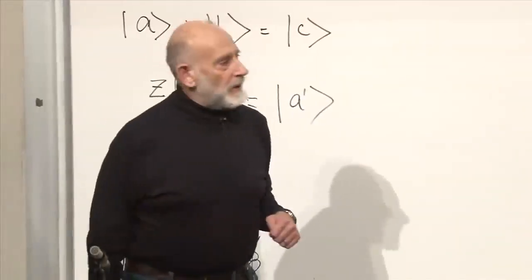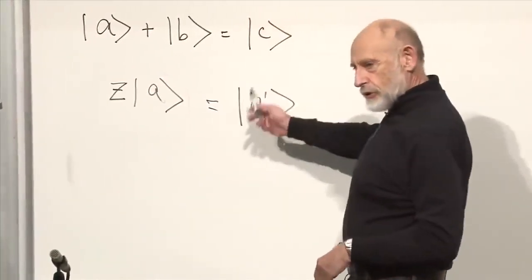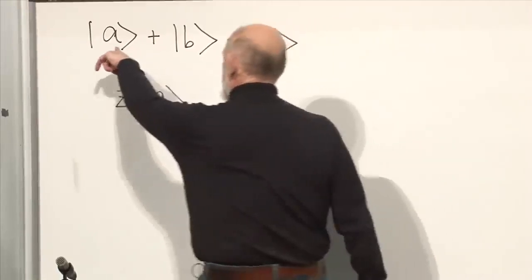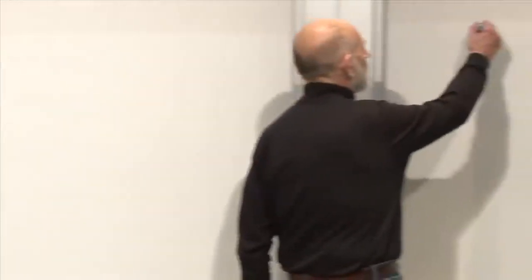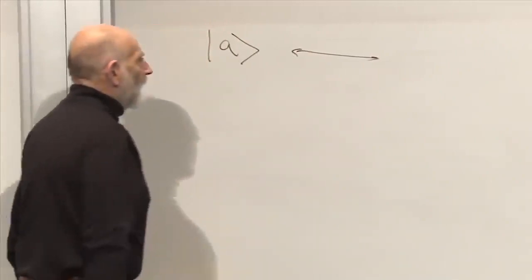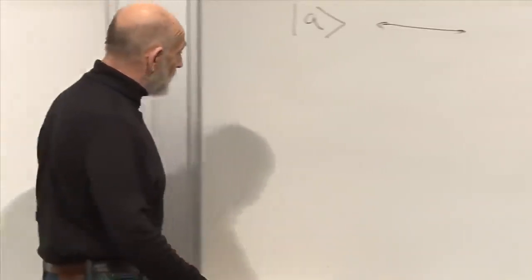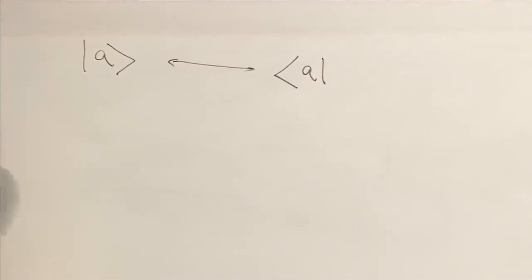But what it is, is a separate vector space whose elements are in one-to-one correspondence with the elements of the original vector space. So if there is a vector A in the original space, let's write it this way, then there is a vector in the dual vector space, which as I said is more or less the complex conjugate, and it's written this way, as a backward Dirac symbol.